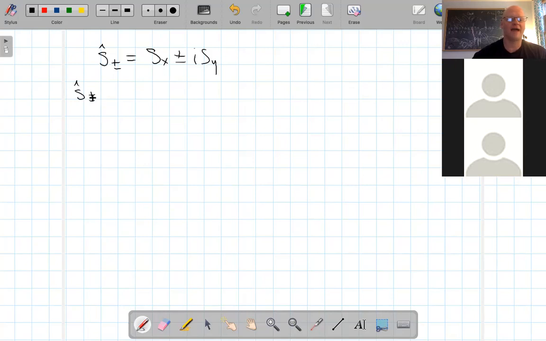So we can have S plus or minus 1, which is equal to SX1 plus or minus i SY1. Then we're going to have an S plus or minus 2, which is equal to SX2 plus or minus i SY2. You'll see why we actually want to do this in a little bit.